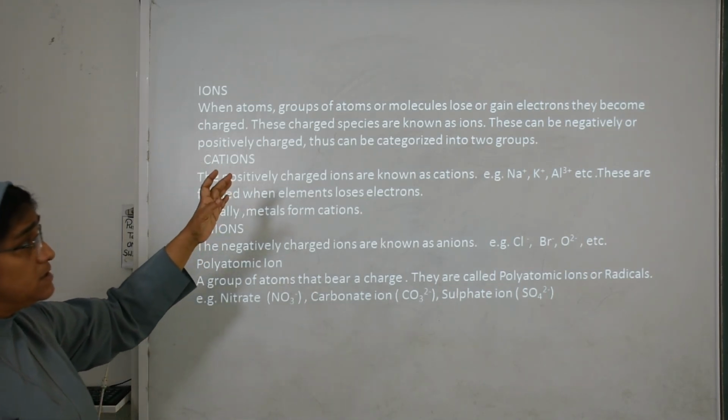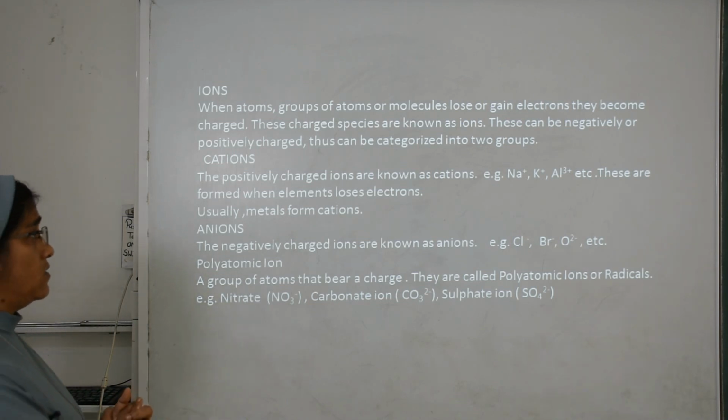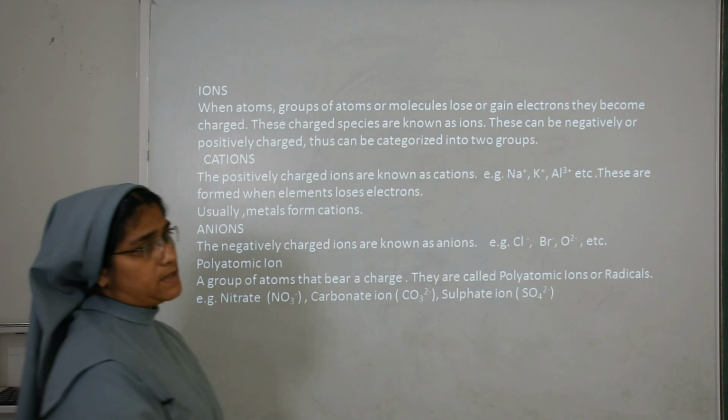How do they become charged? If they lose or gain electrons, they become charged. These charged species are known as ions.